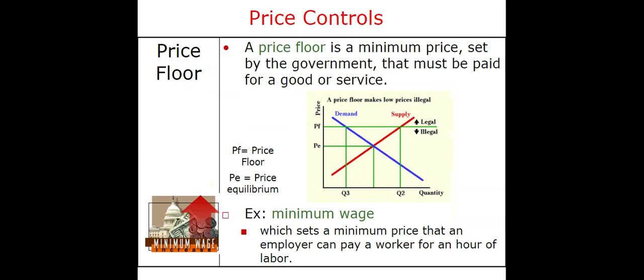A price floor is a minimum price set by the government that must be paid for a good or service. A price floor will make low prices illegal. An example of a price floor is minimum wage. Minimum wage sets a minimum price that an employer can pay a worker for an hour of labor.